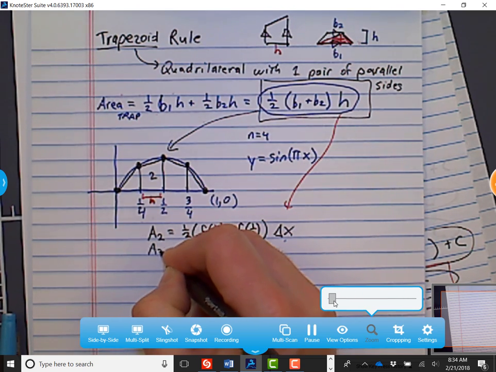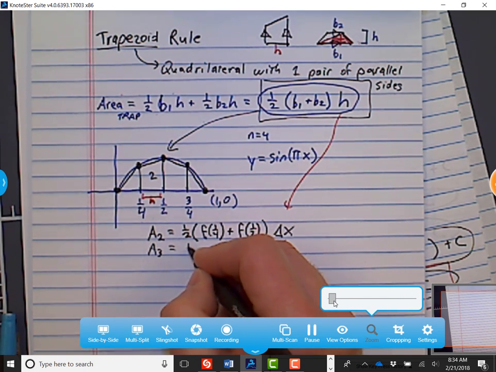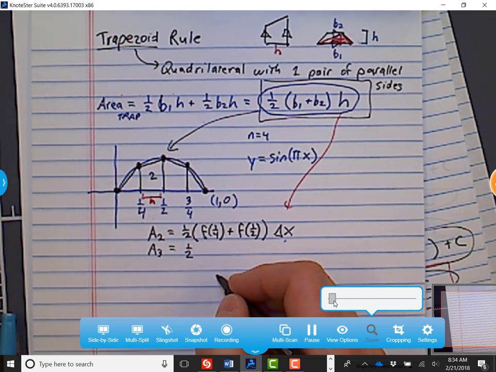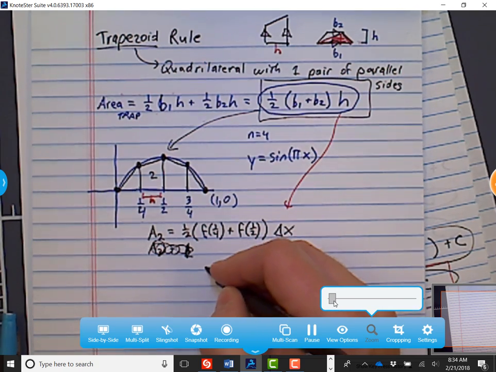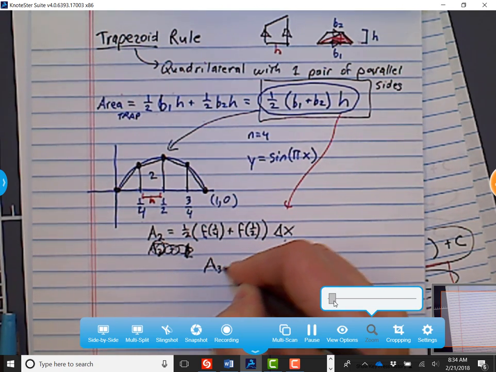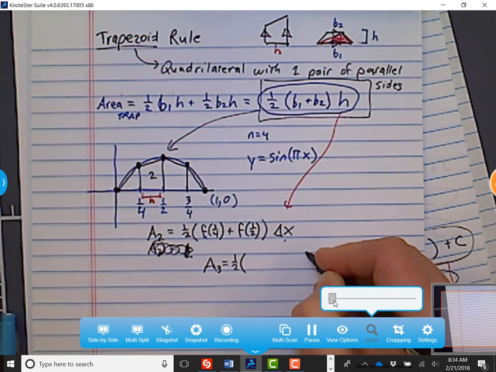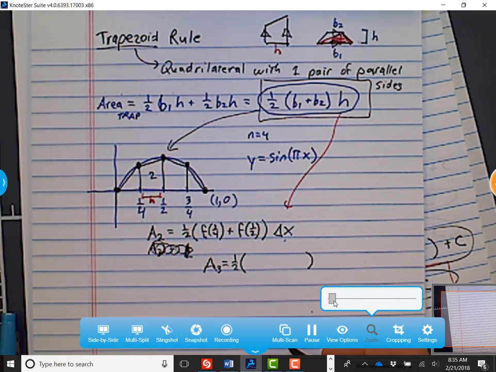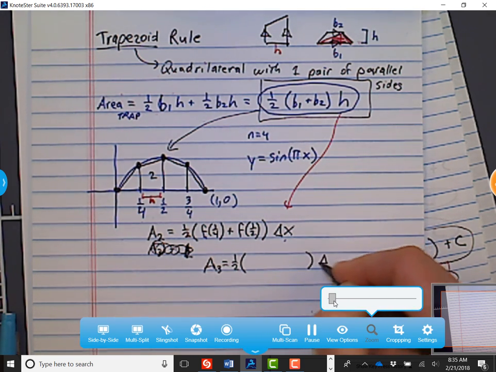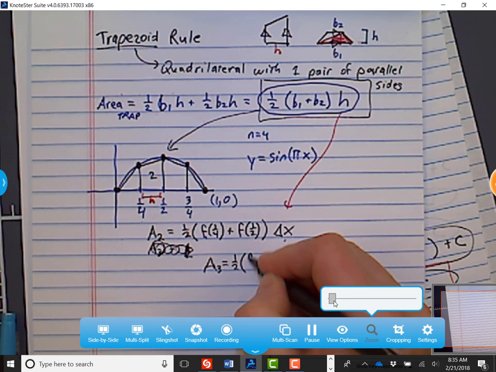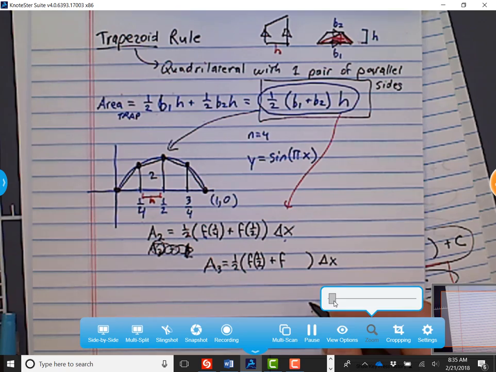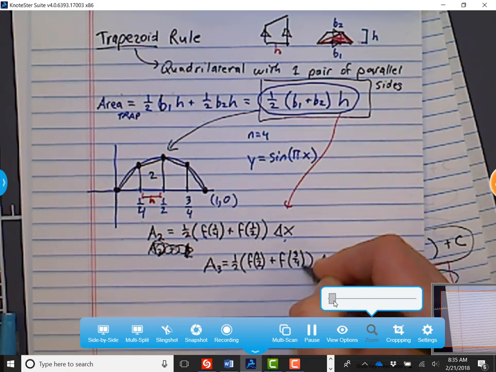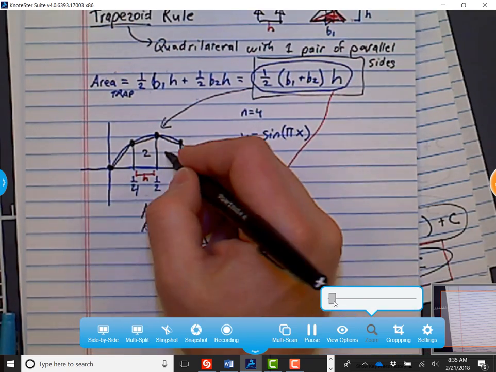Now, if you have area number 3, right, you have to add that on too. Well, I'll write it down here. Area number 3 is going to be 1/2 of what? Well, you still have the same delta x, but you're going to have f of 1/2 plus f of what? 3/4. So that'd be area number 3.